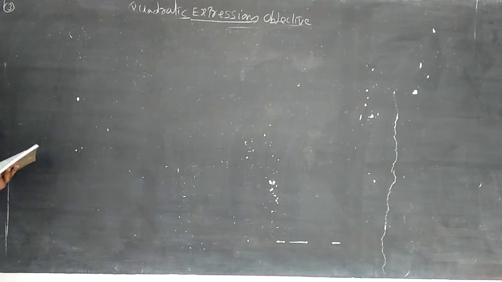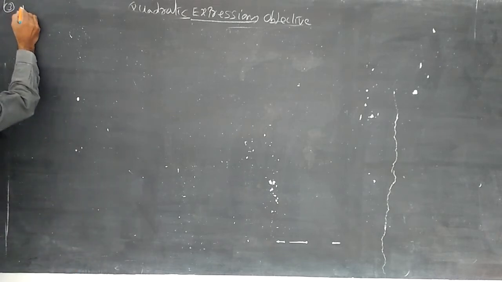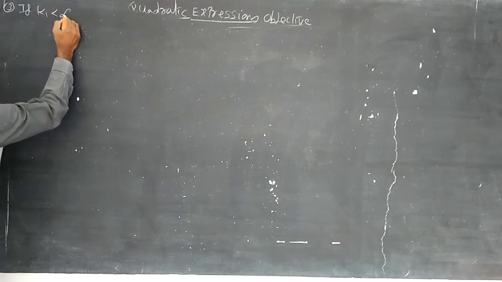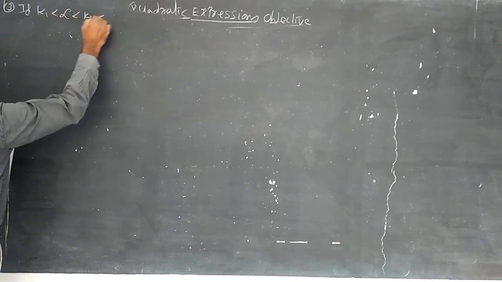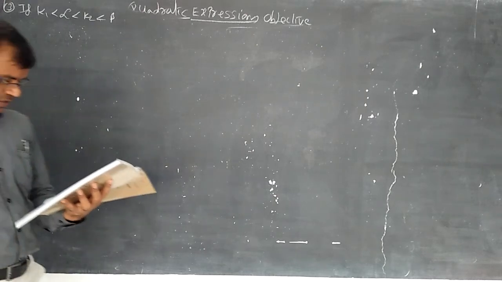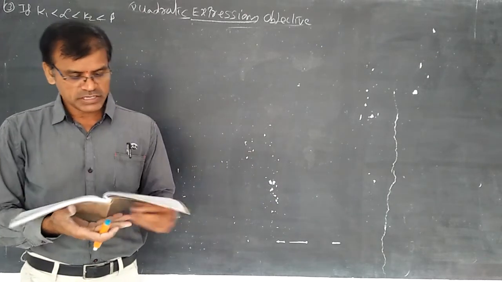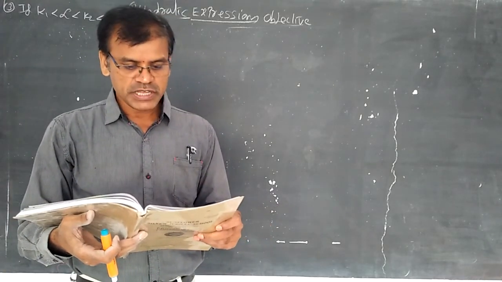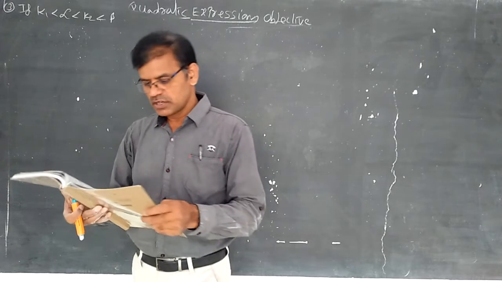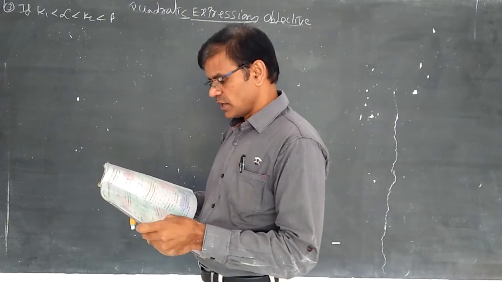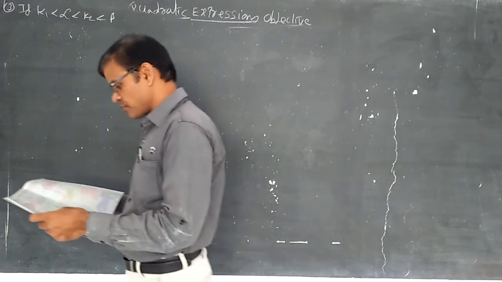Third one, if K1 less than alpha less than K2 less than beta. First condition: exactly one root is given. Exactly one root lies in the interval. That is the concept.